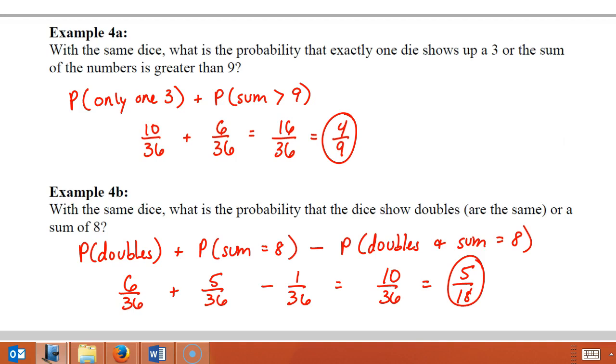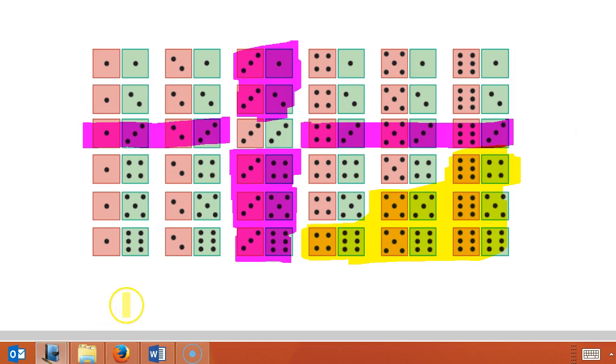So for this first one, if you had a problem with getting it set up, the probability of getting exactly a 3 is 10 over 36. Now, if you got 11 out of 36, let me explain why that would not be right. Because it's saying exactly a 3, this one here where both dice are 3 we're not going to count.